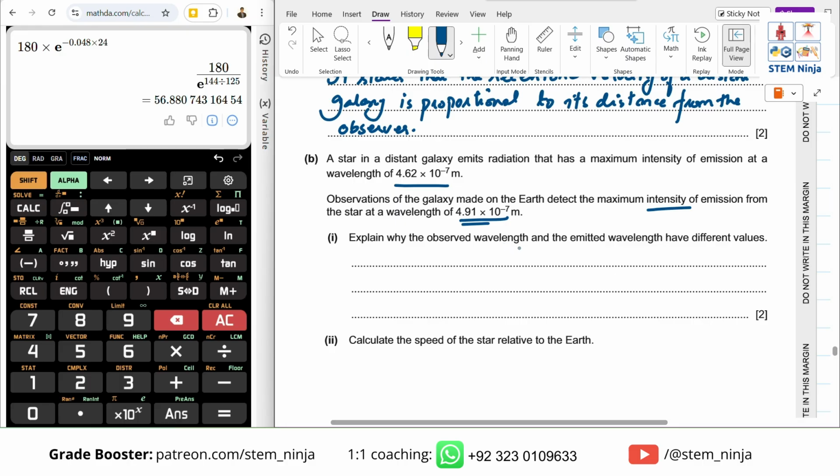Explain why the observed wavelength and the emitted wavelength have different values. This is because of the redshift.